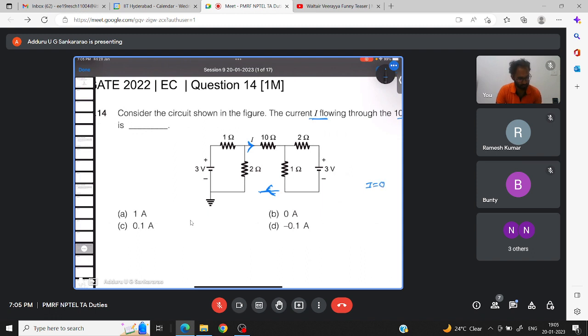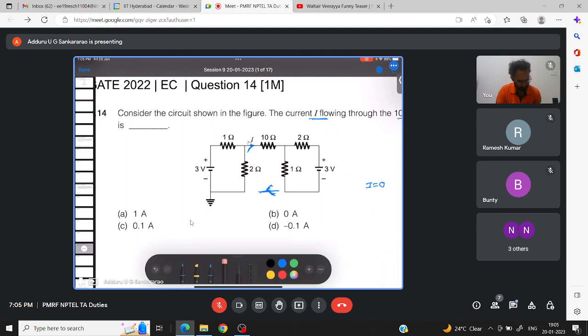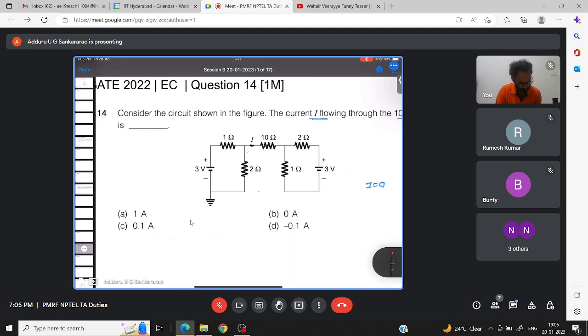See here, current here is 0. It is like an open circuit only. So you can say the current in this loop is 3 volts by resistance 1 plus 2, which is 1 amp.